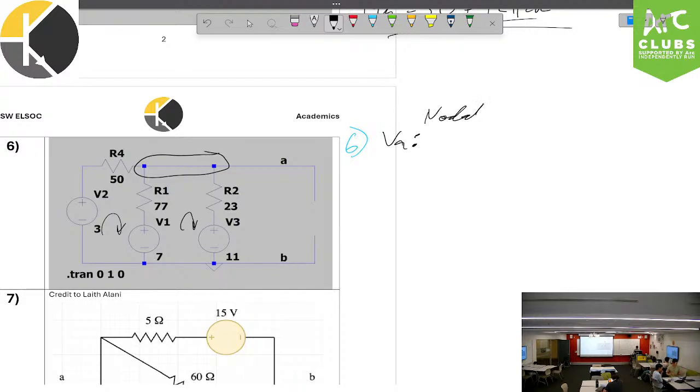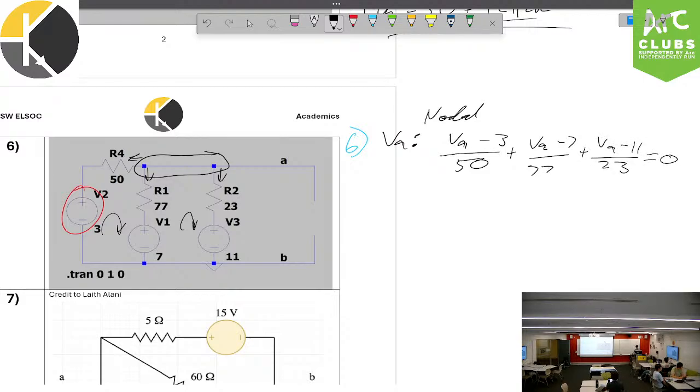nodal. So we say VA minus this voltage over here. So VA minus 3 on 50 gives me the current going out of this. Remember, nodal, I'm just calculating currents out equals currents in. So currents out, I have this, VA minus 7 on 77 plus VA minus 11 on 23.